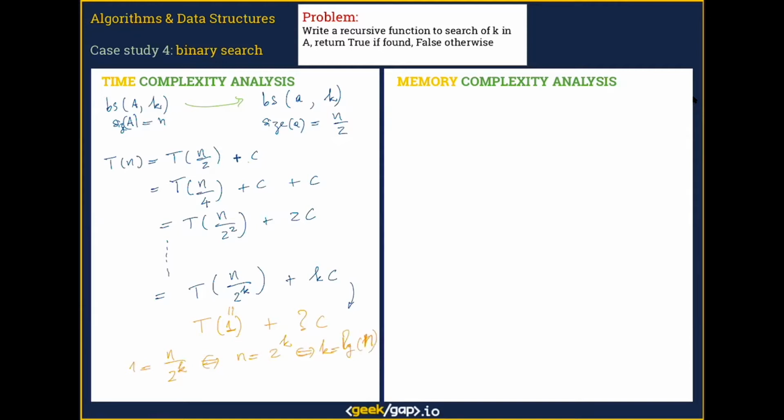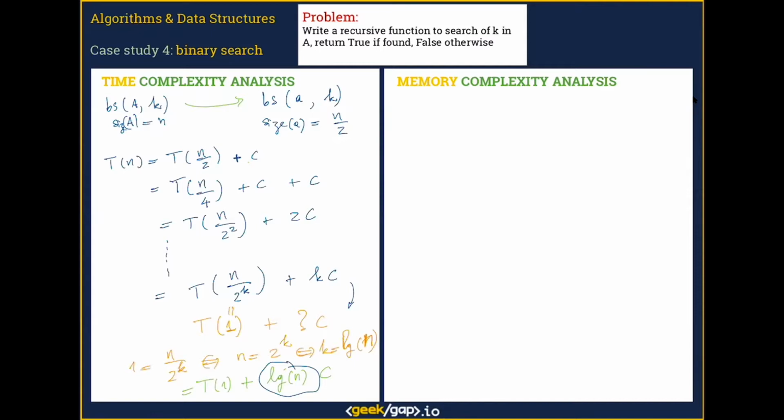So we write it as T of 1 plus log of n times c. And that's how we get the final time complexity as a function of n, which is log of n. Does that make sense? So this is how we actually compute the time complexity.